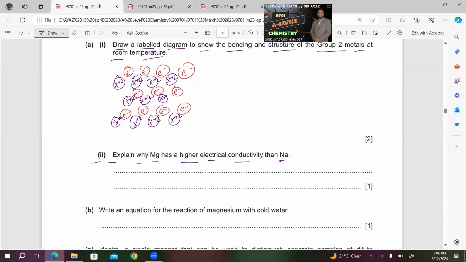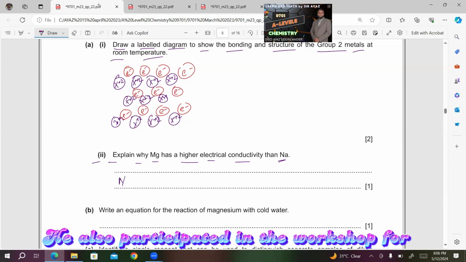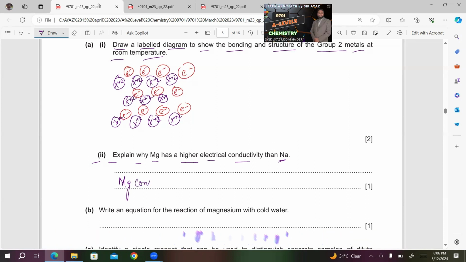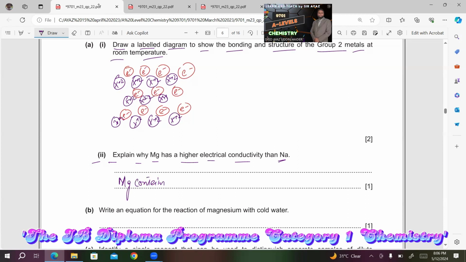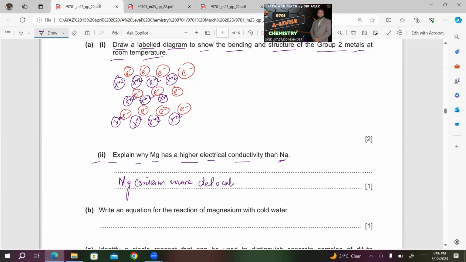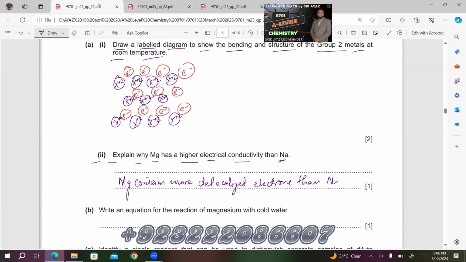So you can write Mg can contain more delocalized electrons than Na.